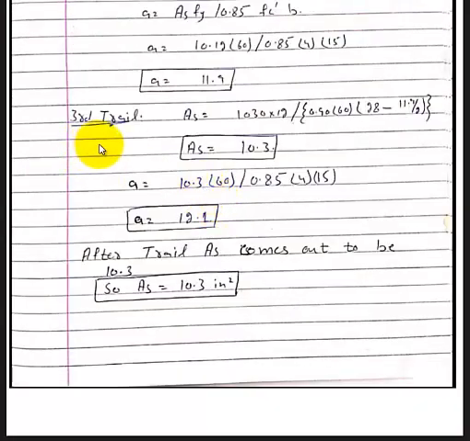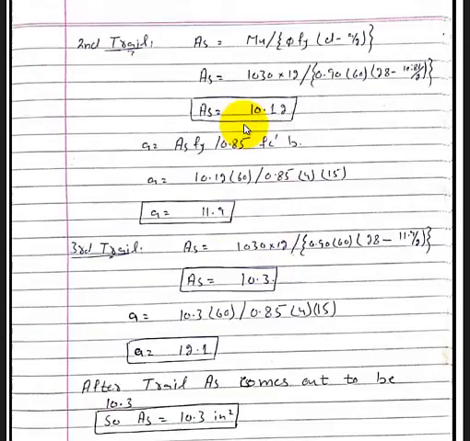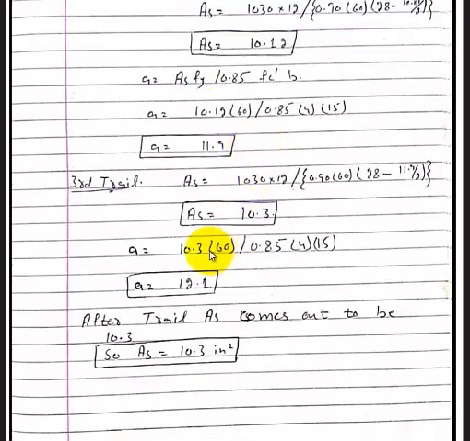Going further to the third trial, same formula for As, and for a, putting the values here, we put the a value which we found from the second trial. Now we get the area of steel 10.3, and again putting this area of steel into a, we get the a value 12.1.